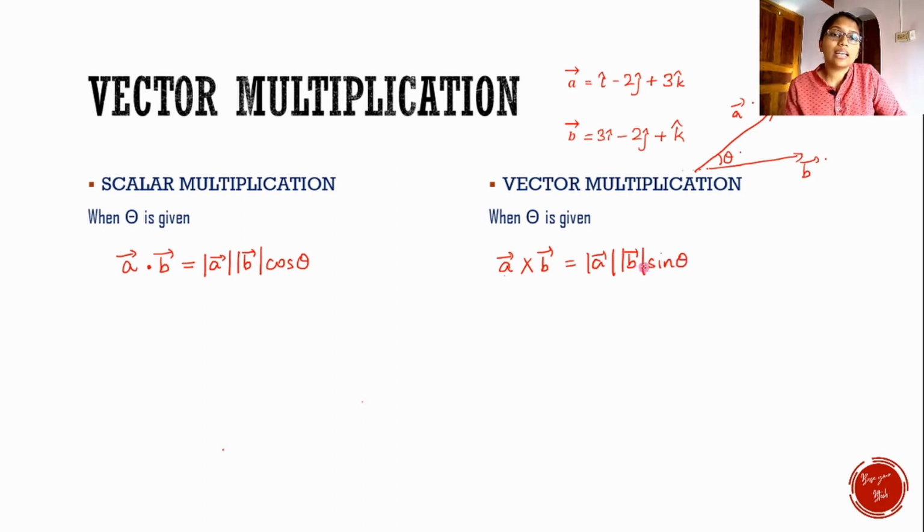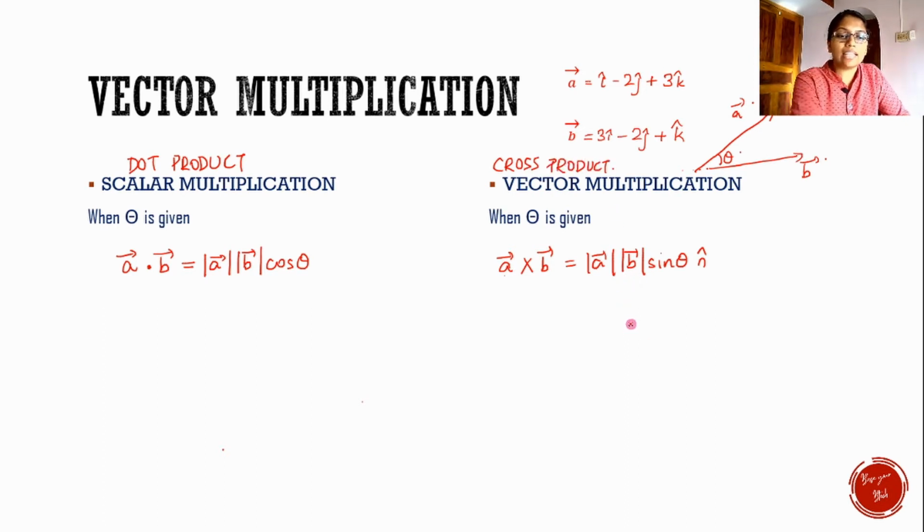Also, since the product is a vector quantity, we need a unit vector which indicates the direction of the result, so we represent it with n cap, and n cap is the direction vector of A cross B. As the notation indicates, it is A dot B, so we call the scalar multiplication the dot product, and for vector multiplication the symbol is cross, so it is simply the cross product.